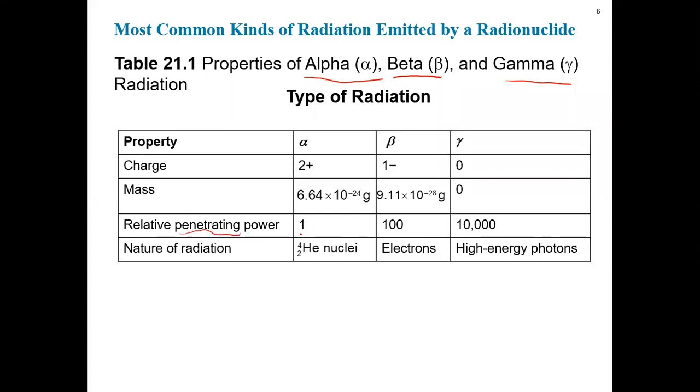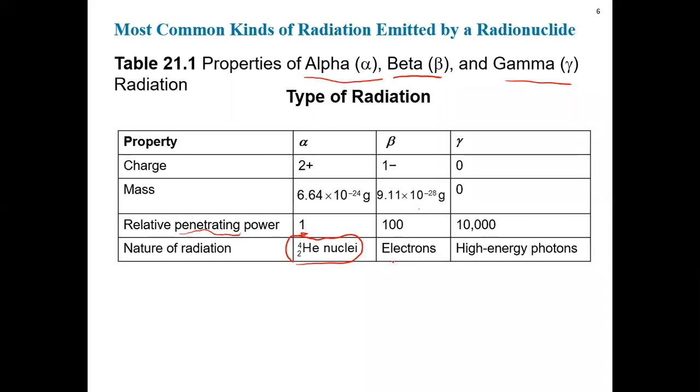This is relatively speaking, so just 1, low. What is really the nature of that particle? The helium nuclei. For the beta particle, we can see the charge is 1 negative, the mass is this one, and the penetrating power becomes stronger.